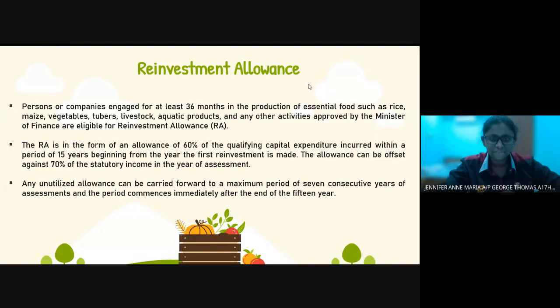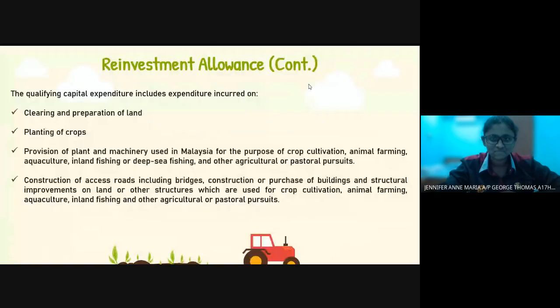Next. These are the qualifying expenditure incurred on: first, clearing and preparation of land, planting of crops, provision of plant and machinery used in Malaysia for the purpose of crop cultivation, animal farming, aquaculture, inland fishing or deep sea fishing, and other agriculture or pastoral pursuits.